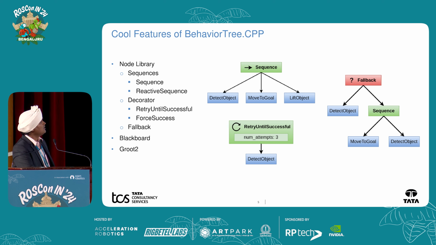Blackboards are basically key value pairs shared between the nodes. From any part of your tree, you can access them and use the data. And Groot is a good visualizer, where when you're developing, you can debug these trees and do all sorts of things. It helps with development. Thank you, and over to you, Abhijeet.